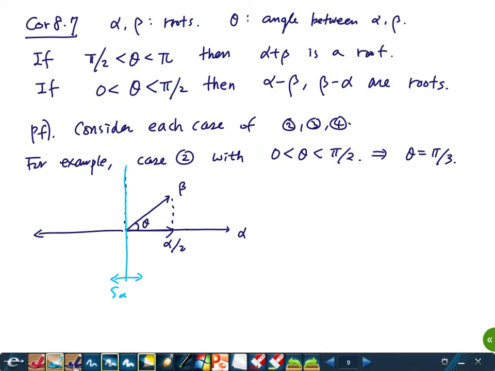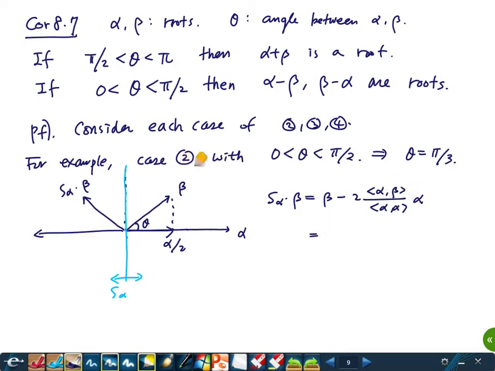So what is S alpha applied to beta? It's going to be this. By definition, S alpha applied to beta is beta minus 2 times (alpha, beta) over (alpha, alpha) times alpha.